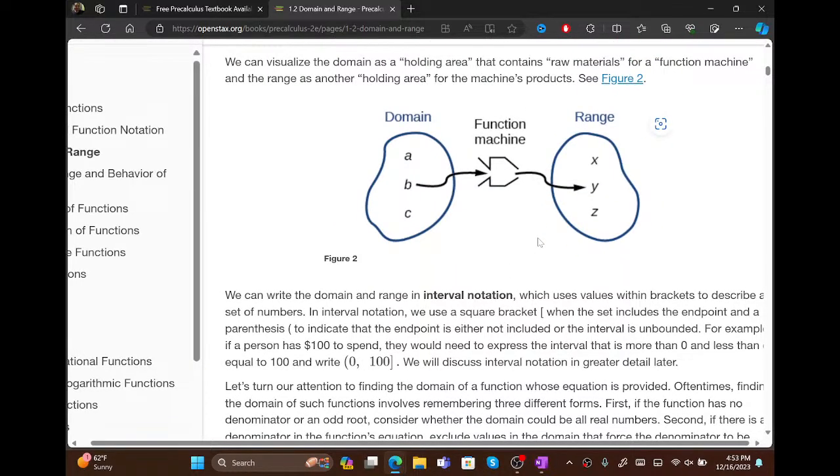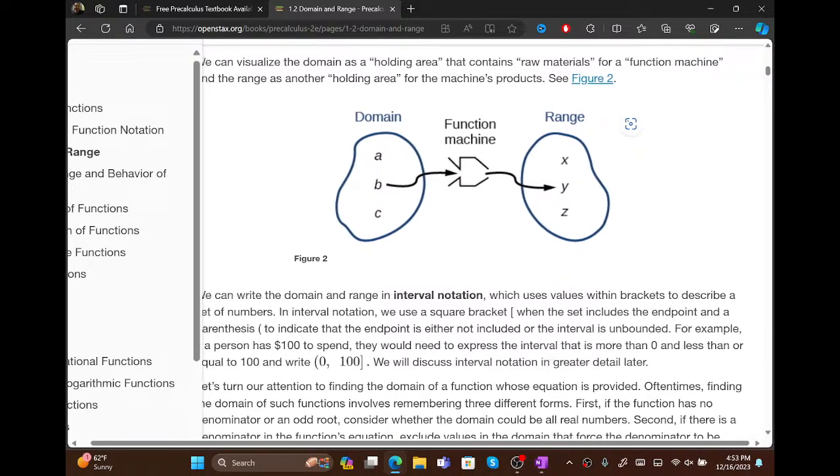Now, it says we can write the domain and range in interval notation, which uses values within brackets to describe a set of numbers.